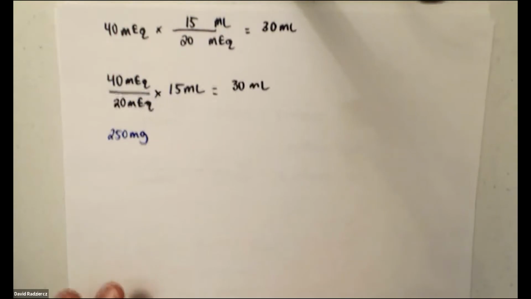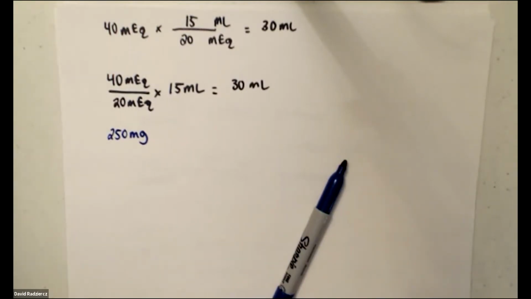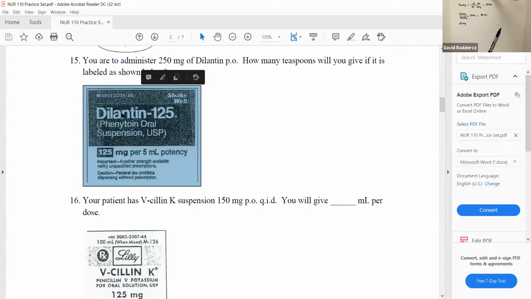Okay. So again, I'm going to pop back over to the share screen since we bounced away from that. So I'm looking at my label here. Shake well tells you it's a suspension. So it's liquid. And then this is what tells me what I have available.